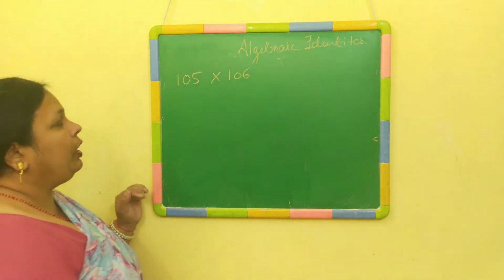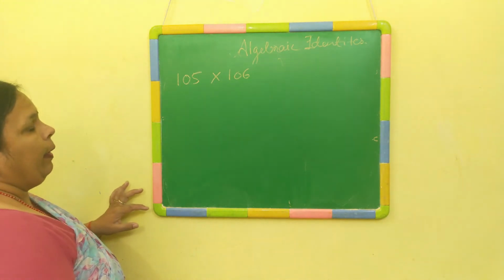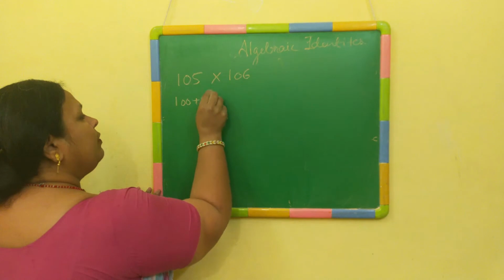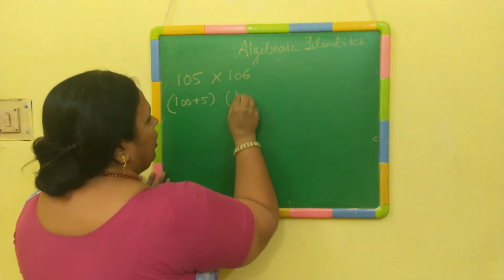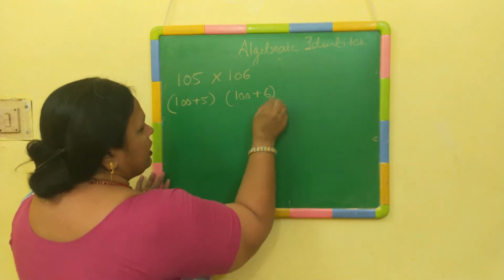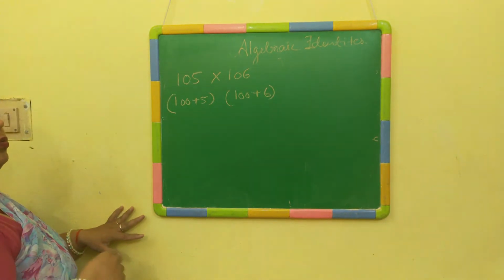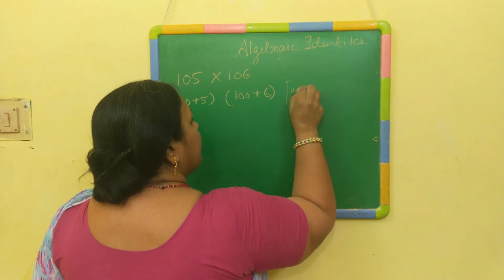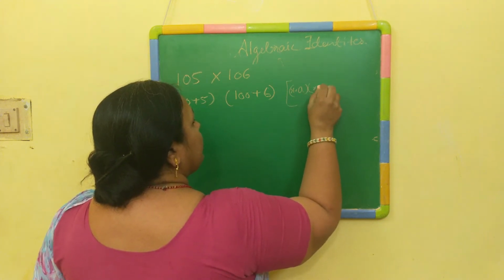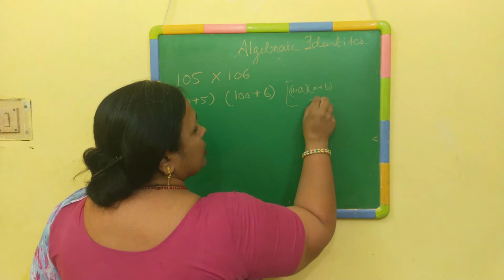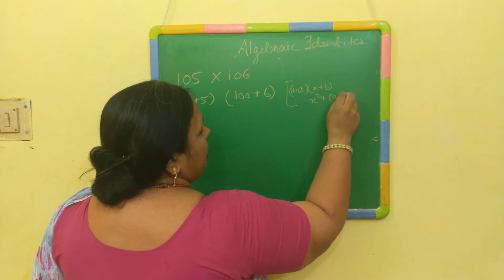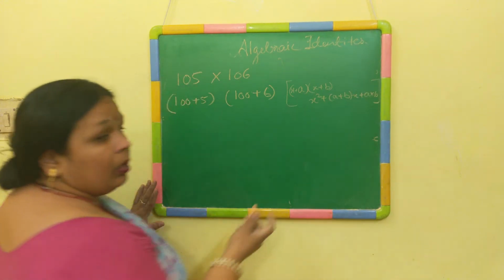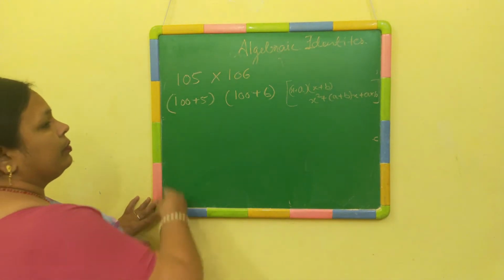See, we can use 100 plus 5 and 100 plus 6. Clear? What is it? It is like x plus a into x plus b. Recall what it was? X square plus a plus b x plus a into b. That's all. So now use it.